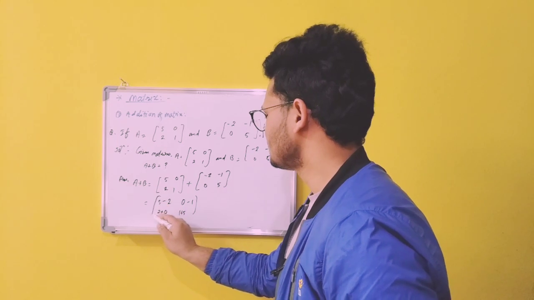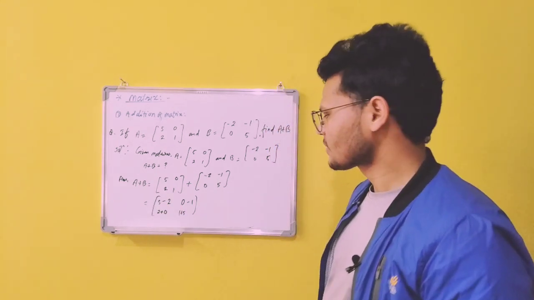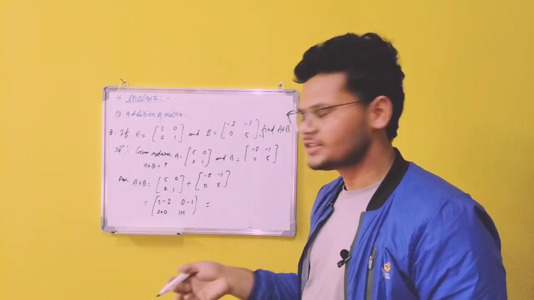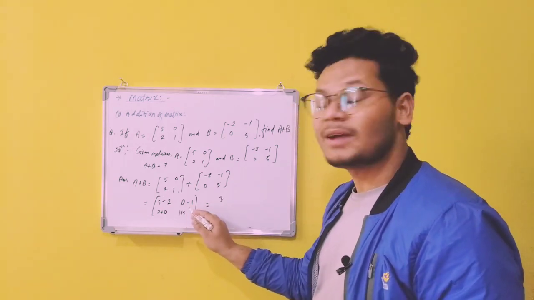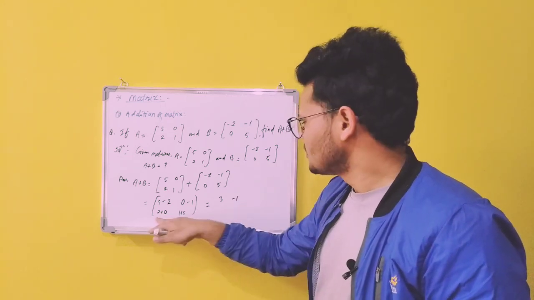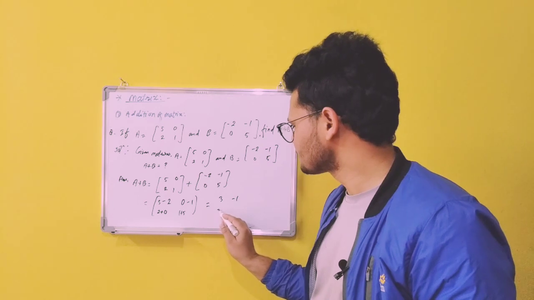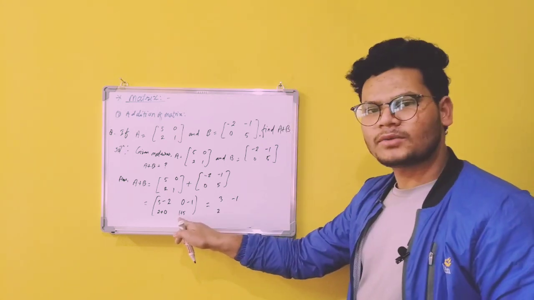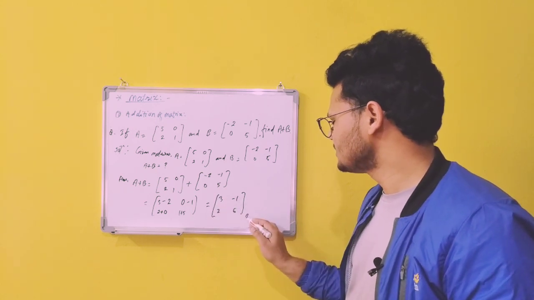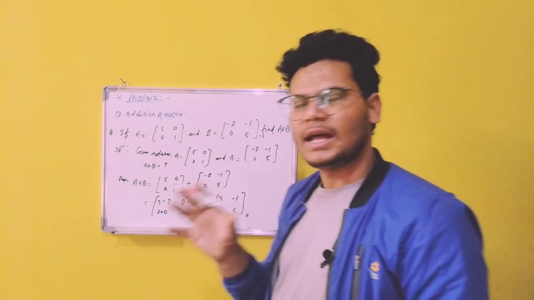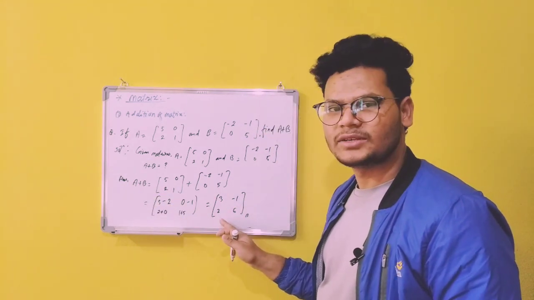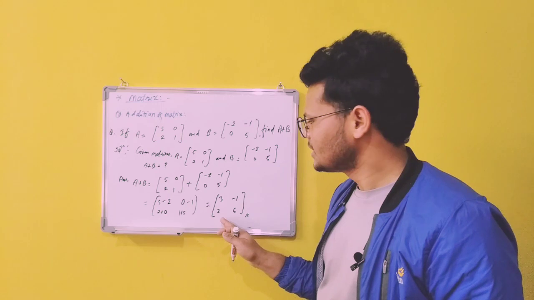Just close the rectangular bracket, which is equal to 5 minus 2, how much? 3. 0 minus 1, minus 1. 2 plus 0, 2. 1 plus 5 is 6. And this is our required answer of A plus B, the new element, right? Okay.